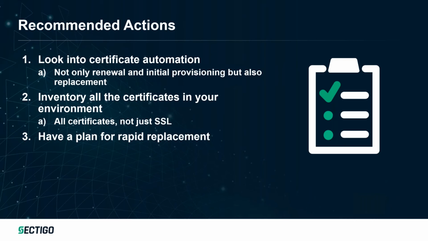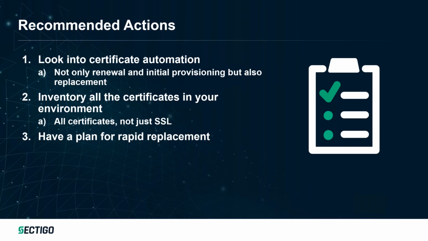And then the last one is what Nick talked about. Have that plan. Have your explicit rapid replacement plan. You say, what happens if an event occurs? How do we swap out our certs quickly? And how do we, if necessary, swap out up to and including all the certs in our organization, or any cert in a given environment, or any cert of a given type, right? And being able to do things at that level and know what you would do.